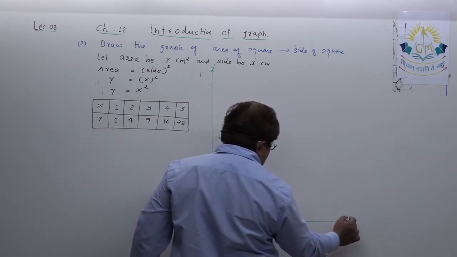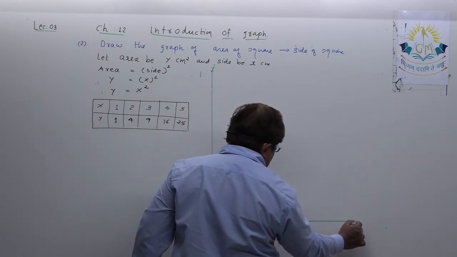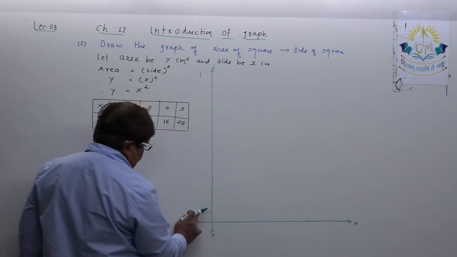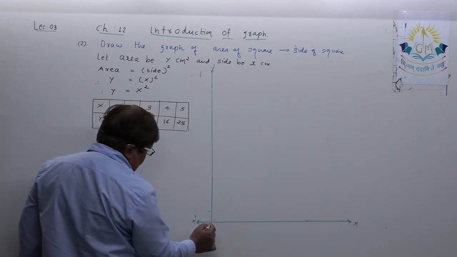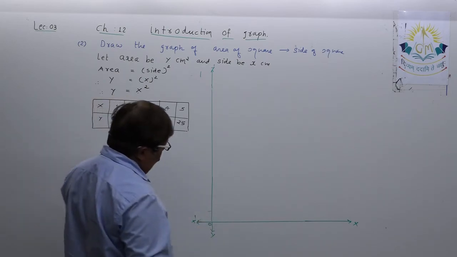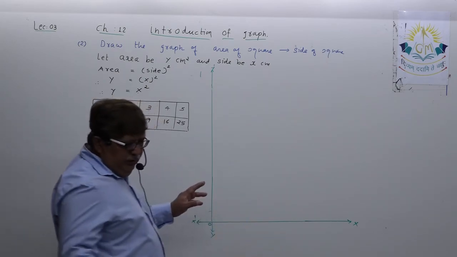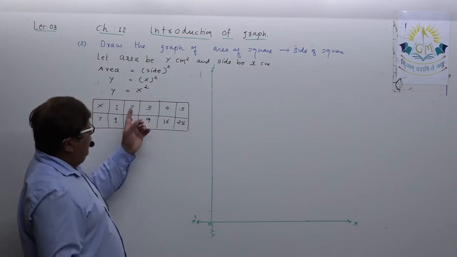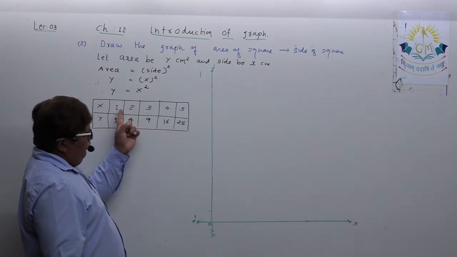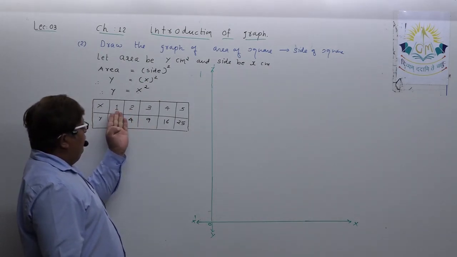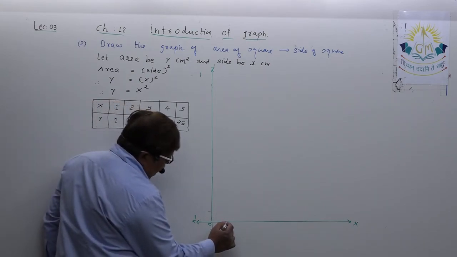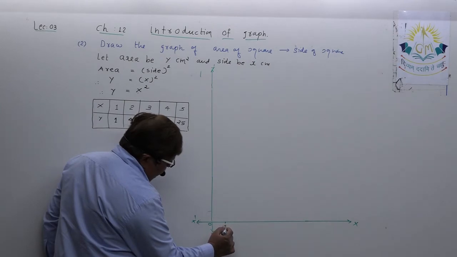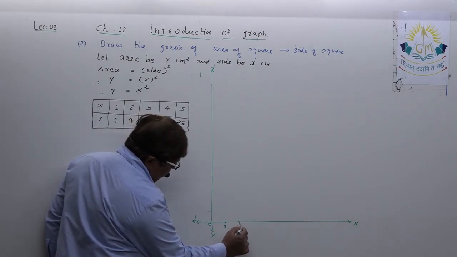In the textbook also it has been given. You can verify it. This is x dash. This is the origin. We are not bothering about taking any scale on the x-axis because it involves very simple small values 1, 2, 3, 4, 5. So on the x-axis I am not taking any scale at all.